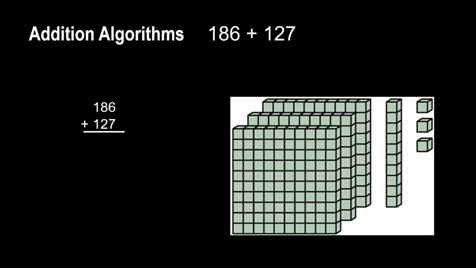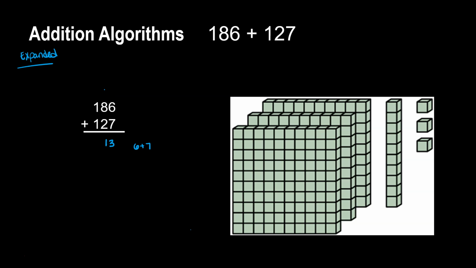Let's look at our addition problem again, 186 plus 127. And I want to show it to you in a couple of different ways. First, using expanded, and then we'll do standard. So if I do this in expanded form, I'm first going to add my ones digits. 6 plus 7 is 13, so I'll write 13 down here.